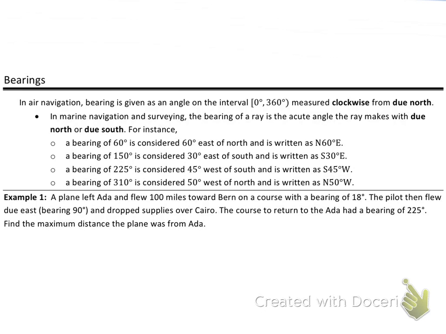And so what they do is they take your compass that you'd see on any map. So if we have north, south, east, and west, north is going to be 0 degrees. And then you're going to go around clockwise. So let's say I'm at 30 degrees.